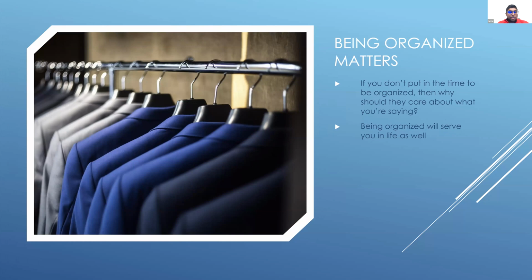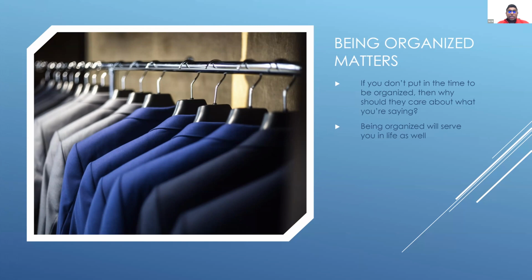Being organized will also serve you in life. So if you're organized and you communicate your speech effectively and easily for everyone to understand, they will know that you spent time, and they will definitely take what you say into more consideration versus if you're not.